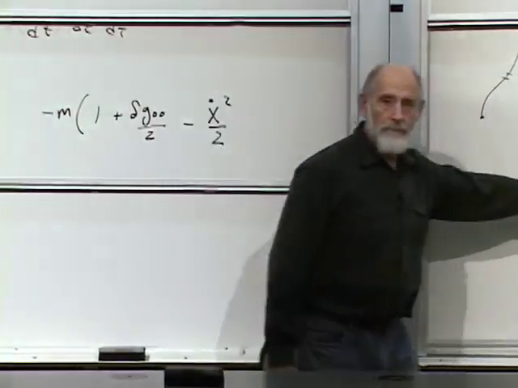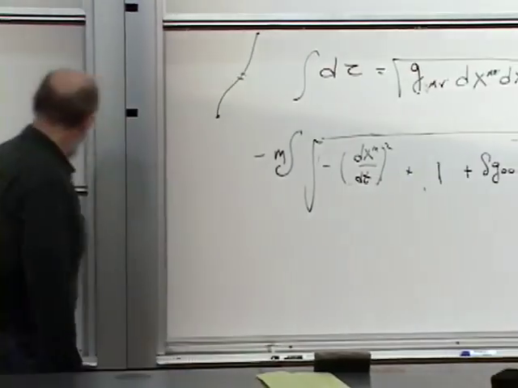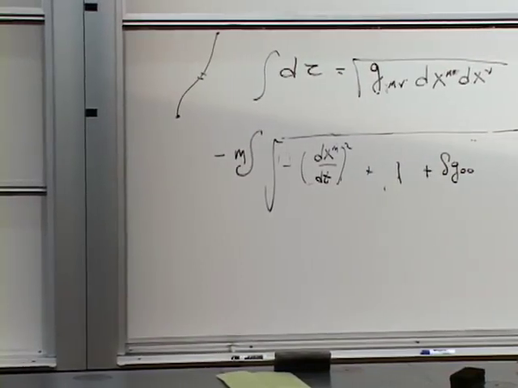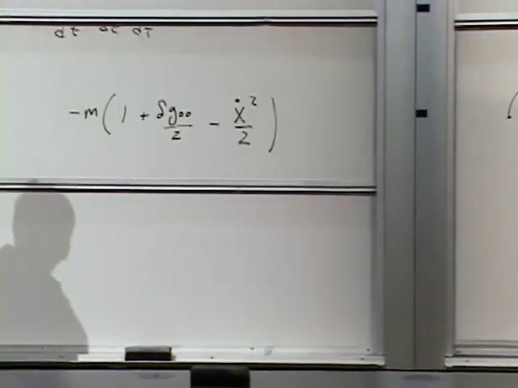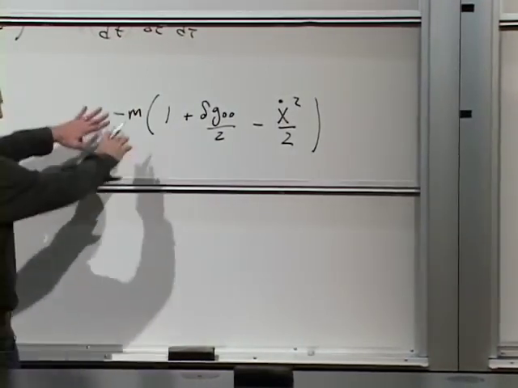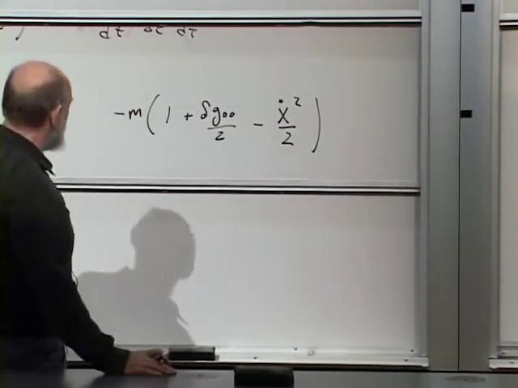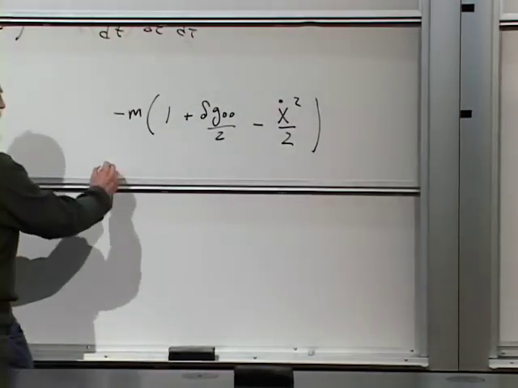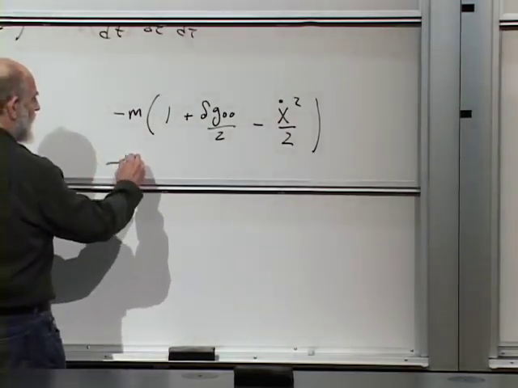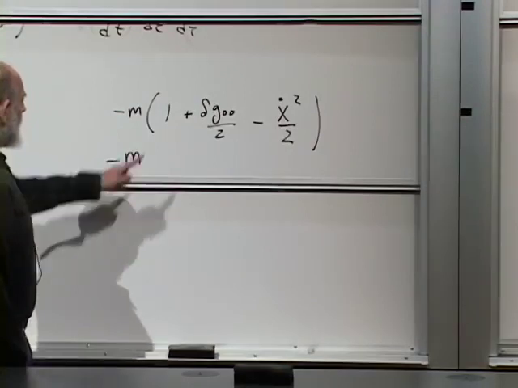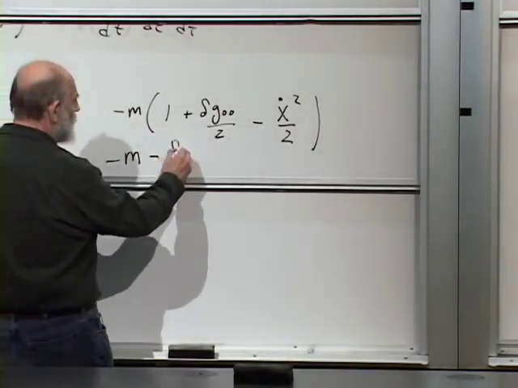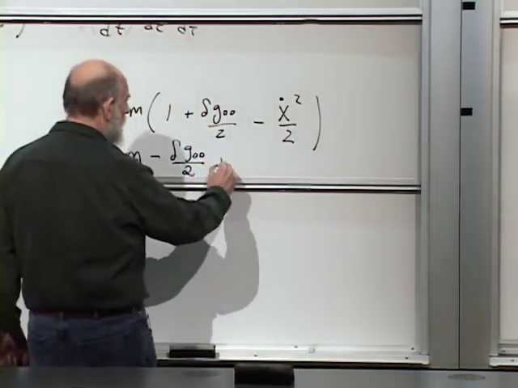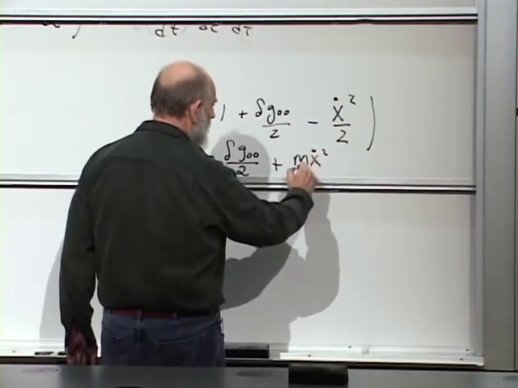That's this term over here. Do I have it all right? Why is it minus m? Oh, it's actually correct, minus m. The first term is minus m. The next term is minus delta g naught naught over 2. And then plus m x dot squared over 2.